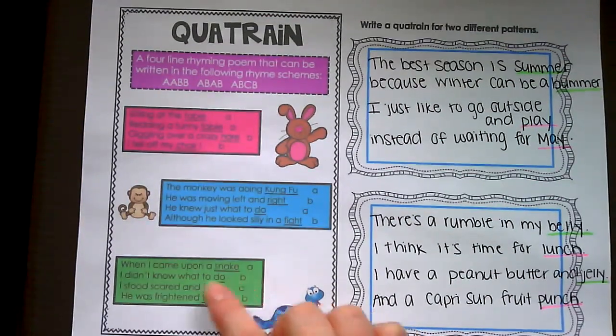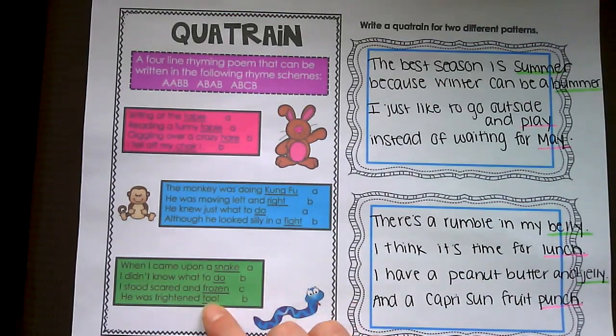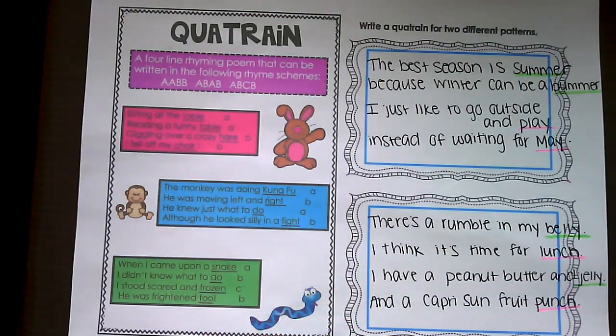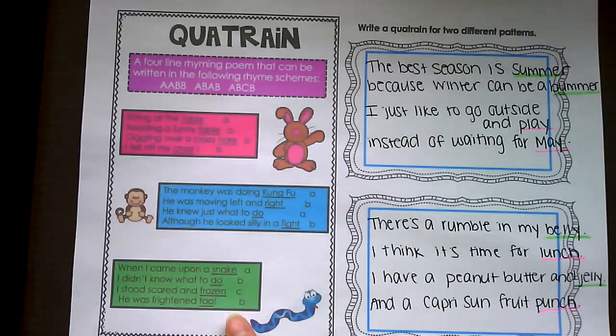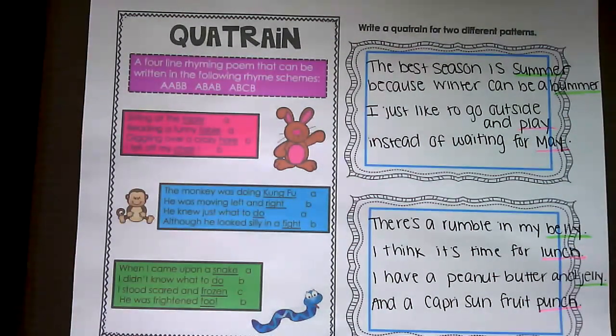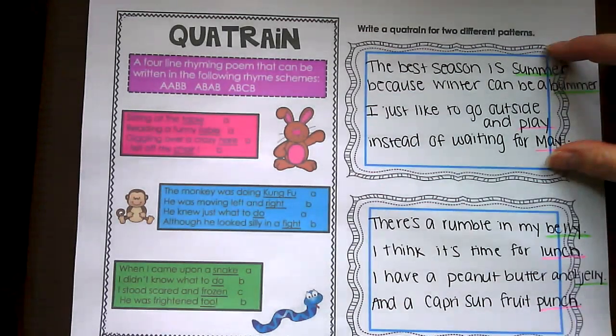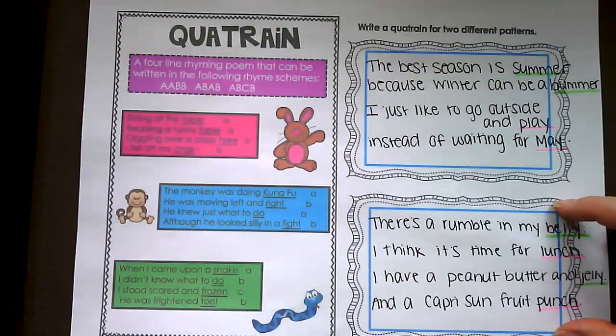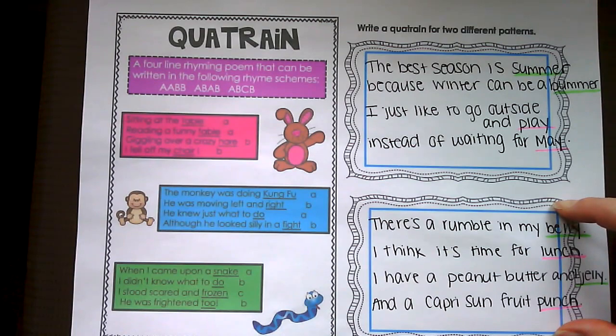But if we look at the B lines, we have do, too, and our C line is frozen. This is the trickiest type of quatrain poem, the trickiest type of 4-line poem. So again, I challenge you to try it out, but if you only try the first two, using the AABB rhyme sequence or the ABAB rhyming sequence, you can go ahead.